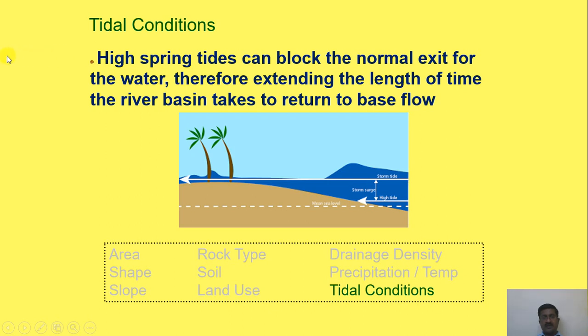So tidal conditions are going to affect this, because it directly depends upon how the main stream accepts the water from the catchment area. So tidal conditions are very important in this.